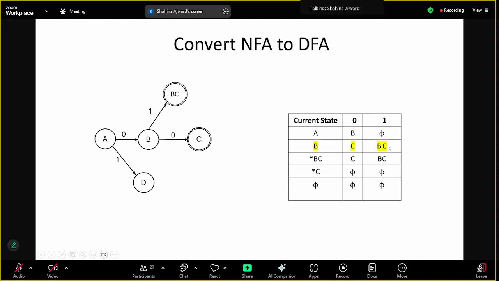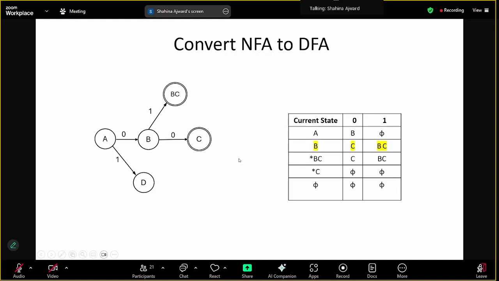For simplicity, I write it as BC. If you want, you can replace it with a new character like E or F or anything. But at the beginning, it's better to have BC so you won't get confused. In the final state diagram, if you want, you can change it with a new character. So now we keep it as BC.